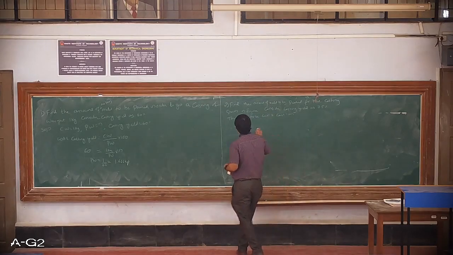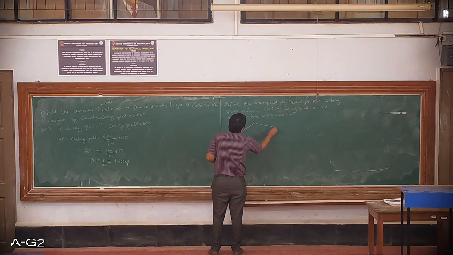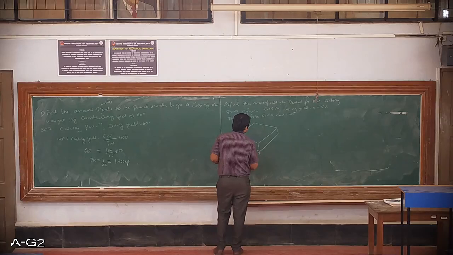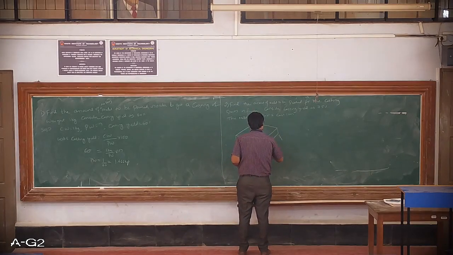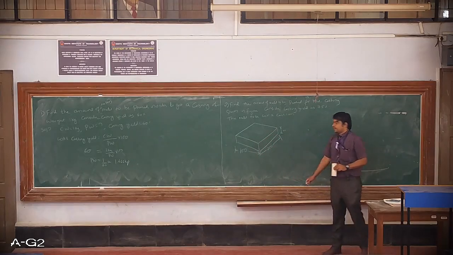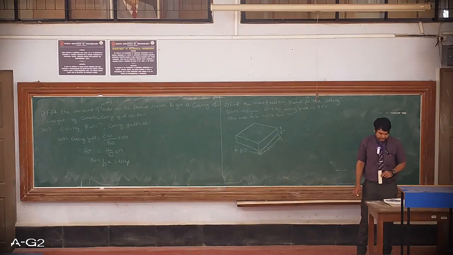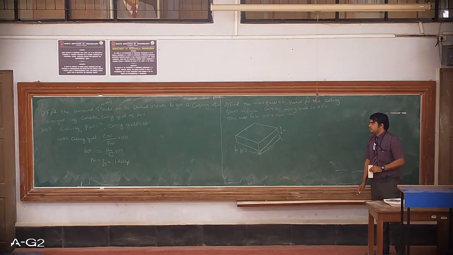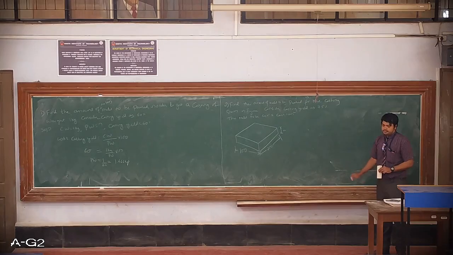So this is the geometry, simple geometry we will take. A rectangular slab of dimension 100 mm by 200 mm by 50 mm is considered, and we are going to find the amount of metal to be poured for this type of casting.